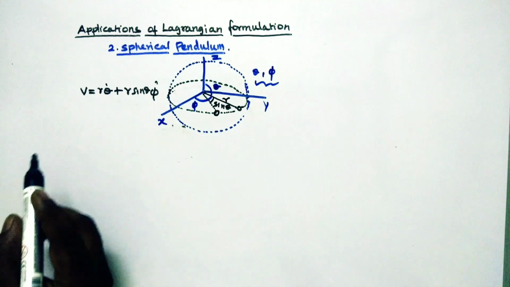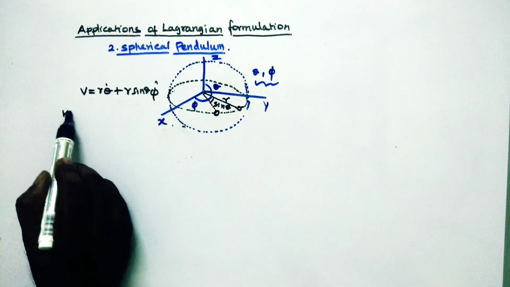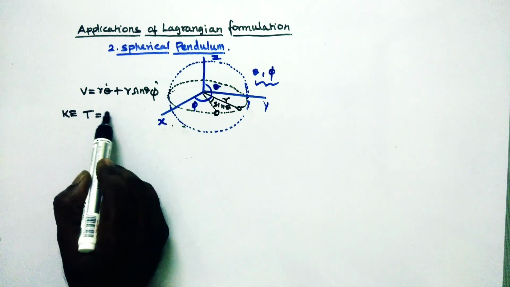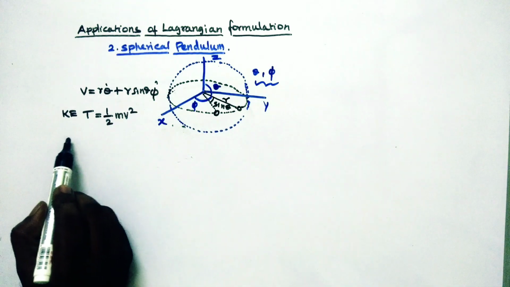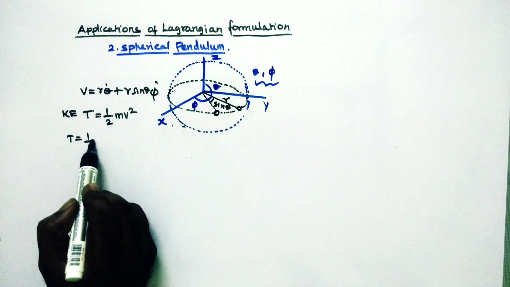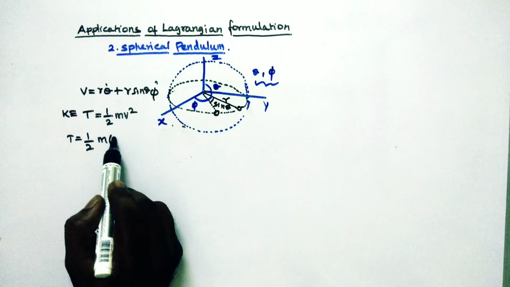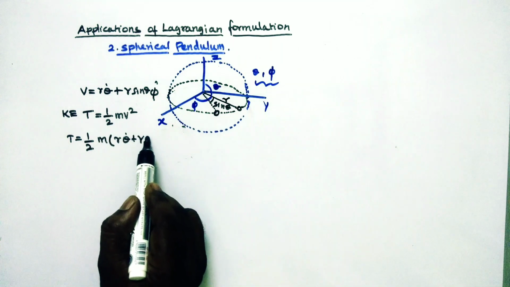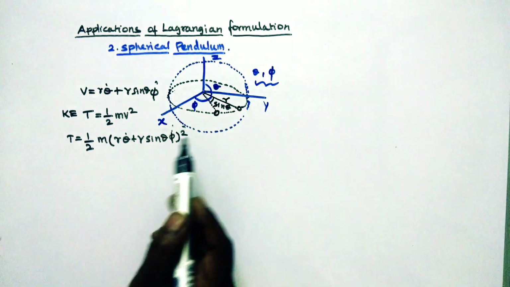Now we can write the kinetic energy of the particle. Kinetic energy T is equal to half m v square. And we can put the value in this equation: half m times r theta dot plus r sin theta phi dot, the whole square.